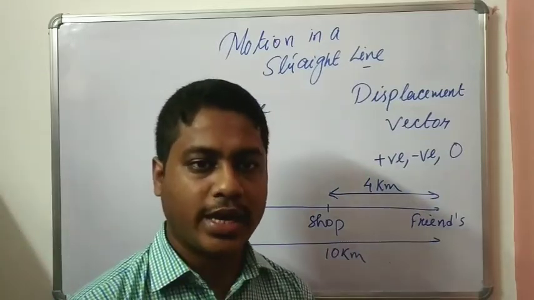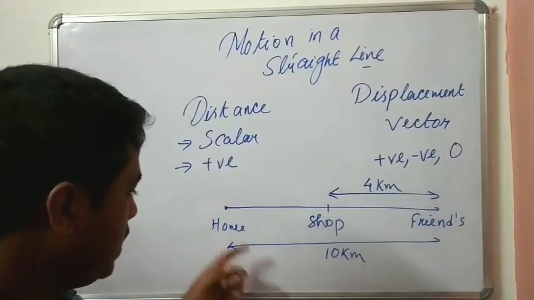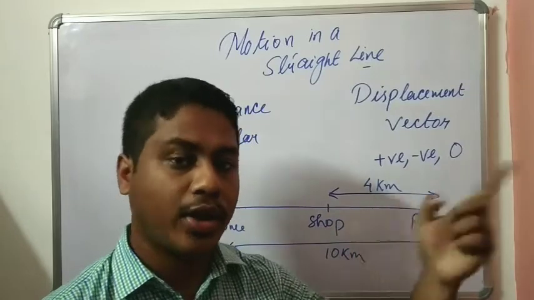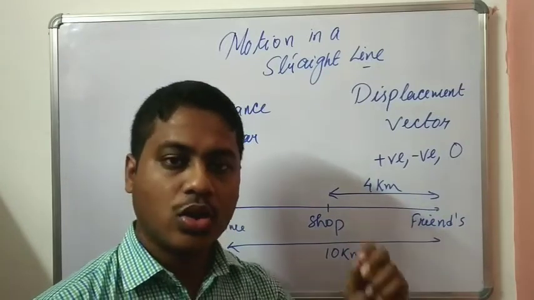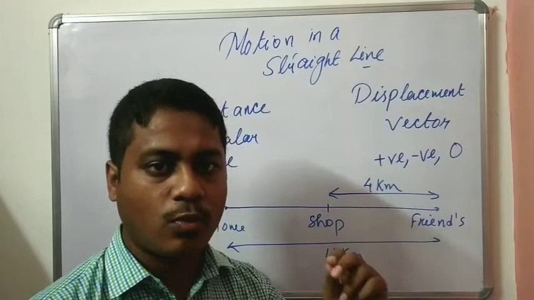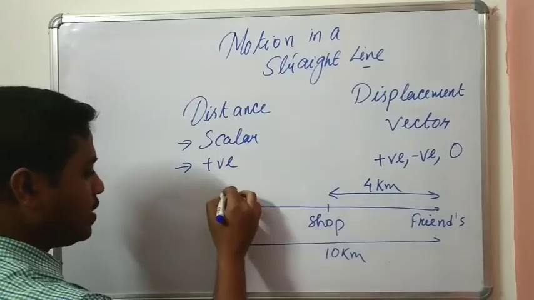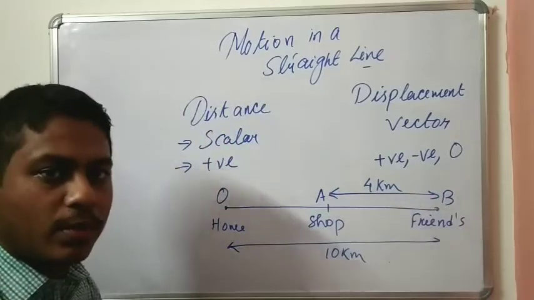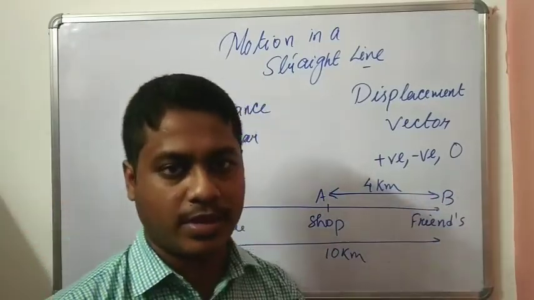First situation goes like this. Suppose you have started from your home and you went to a friend's house. What will be the distance and what will be the displacement? If I mark your home as point O, your friend's home as A, and the shop as B, what will be your distance and displacement?